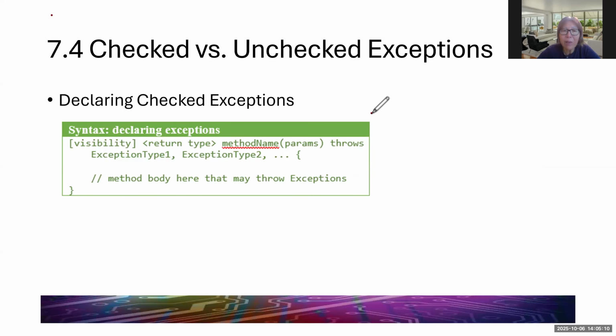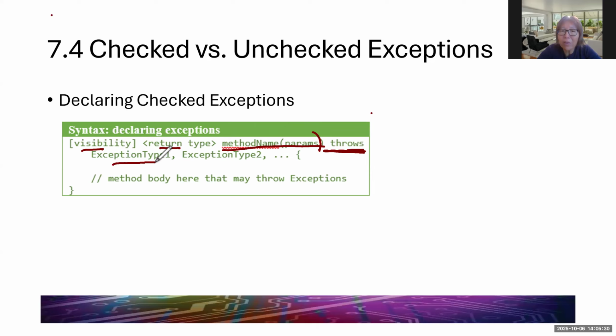And then to declare the checked exception. So this is a method. As usual, it has visibility and return type, but after the parameter parentheses, you have the keyword throws.